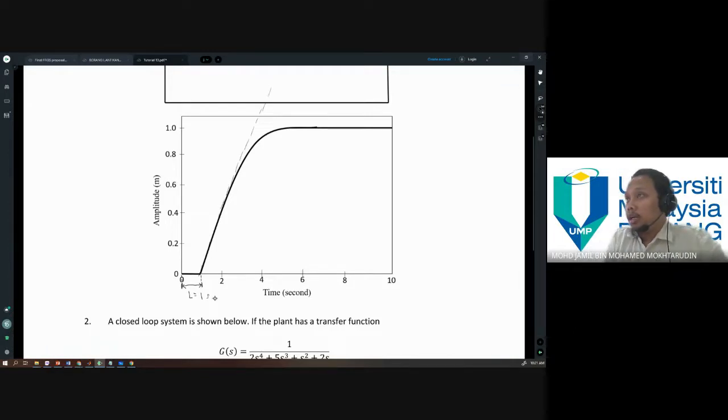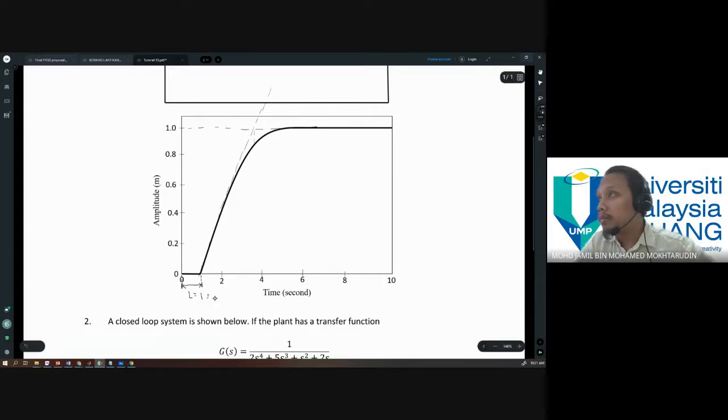And then you need to determine 2 intersection points. The first one is the intersection between the tangent line and the steady state value. And then the second intersection is with the value L.